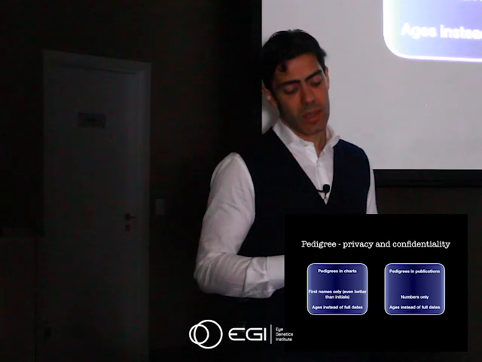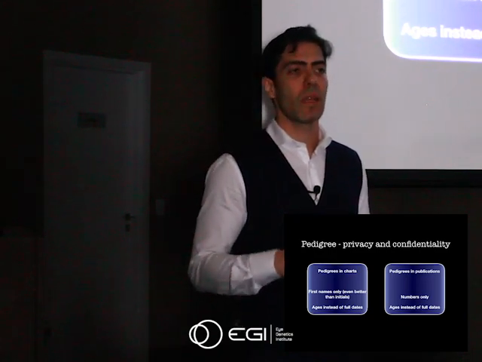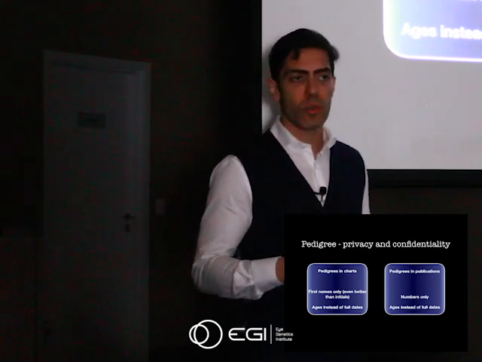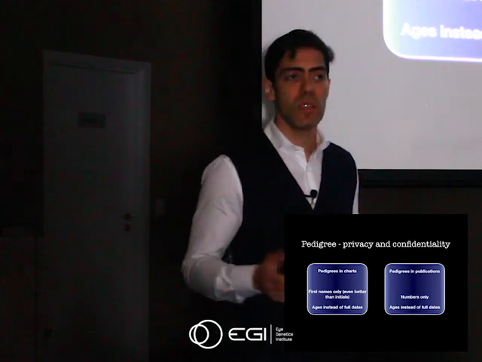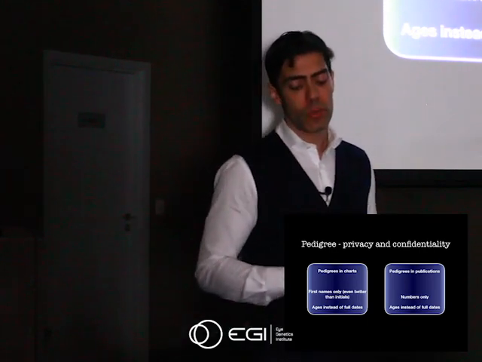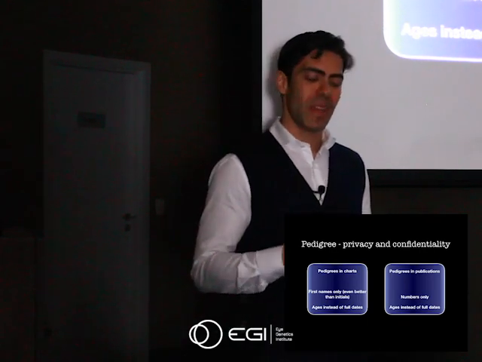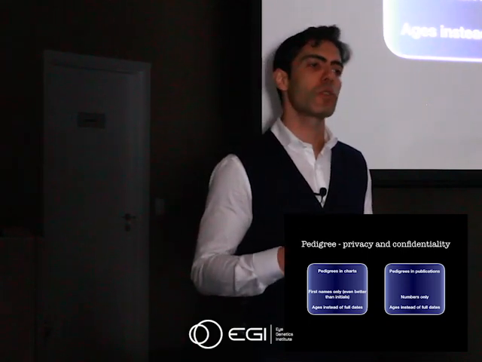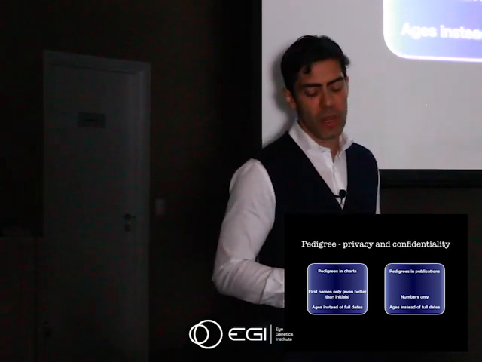That actually reveals a lot of that family history, especially if there is some kind of disease. So we have to respect the privacy and the confidentiality of that information.